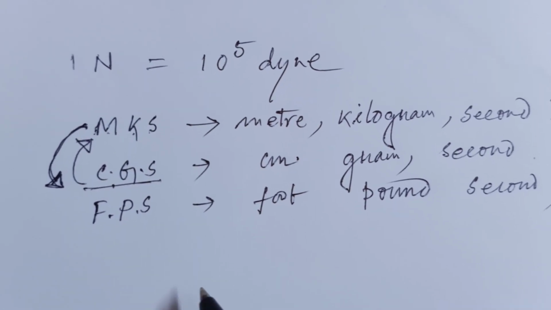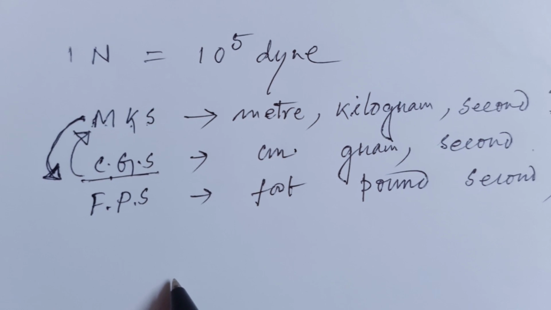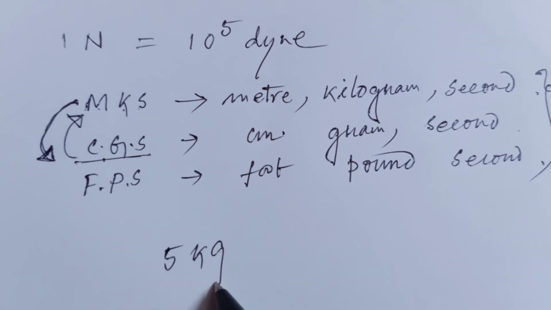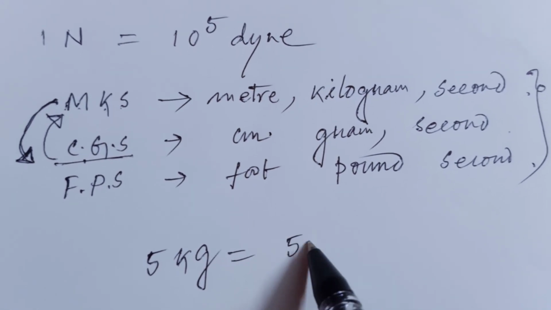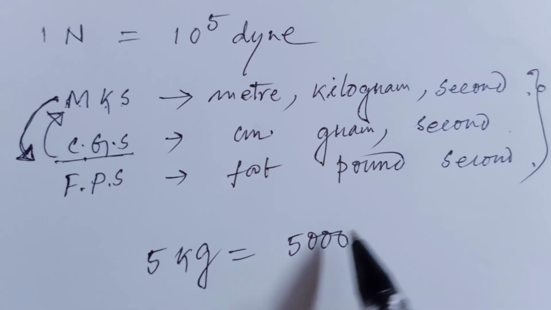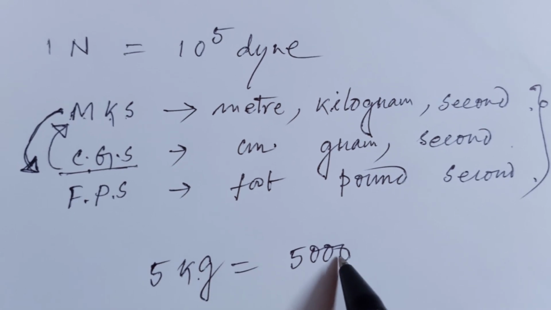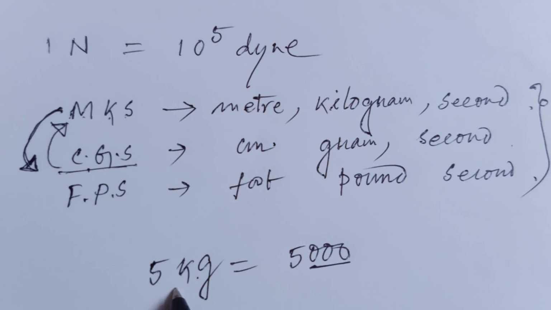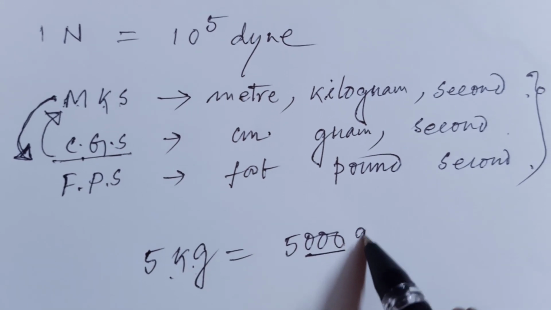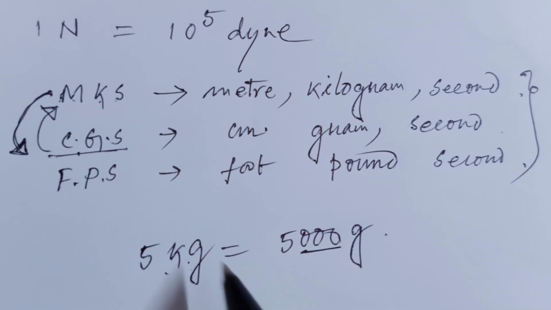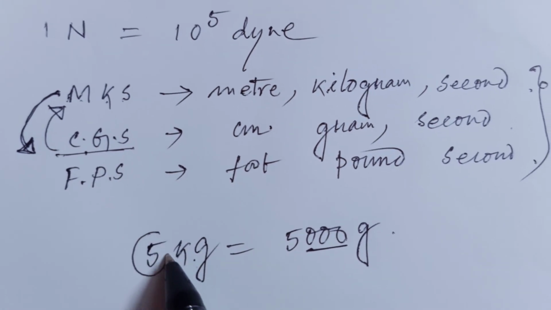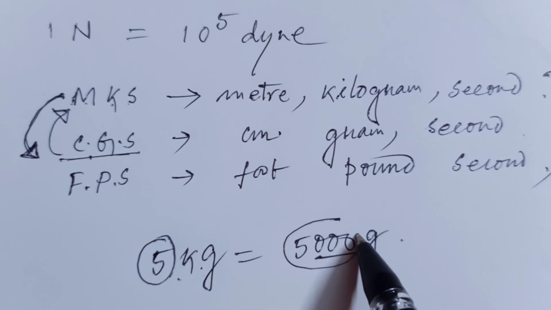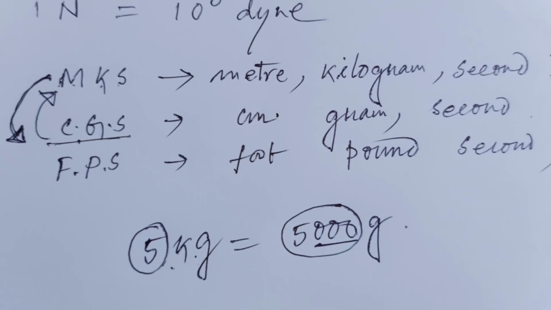We know that 1 kg equals 1000 gram. So 5 kg means 5000 gram. Here the numeric value is 5 and here the numeric value is 5000.